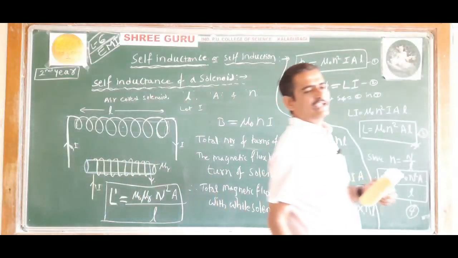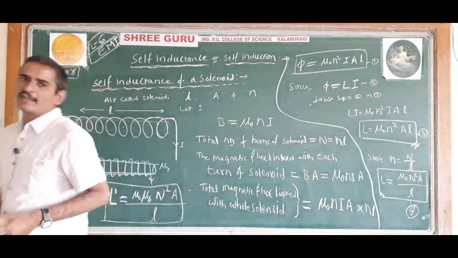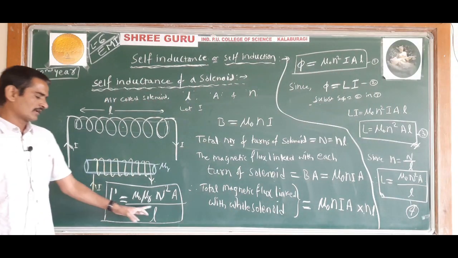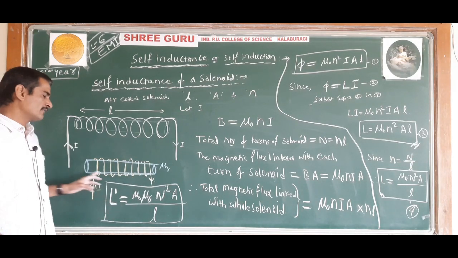That is a material cored solenoid, any other material, not an air cored solenoid, where mu r is the relative permeability of that material.